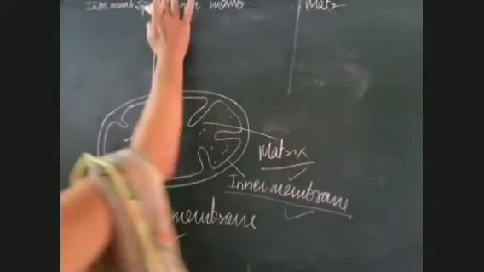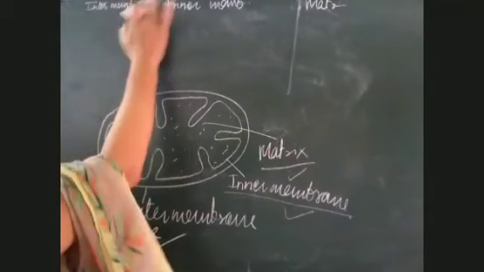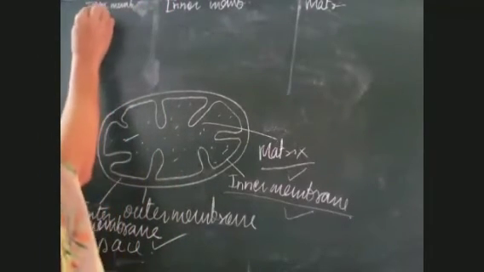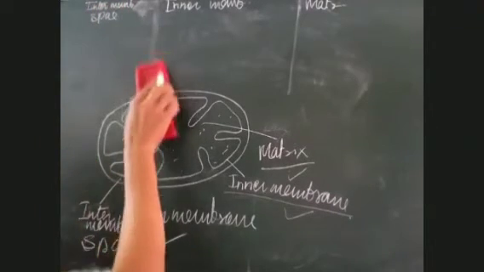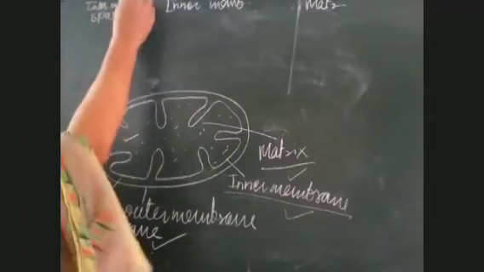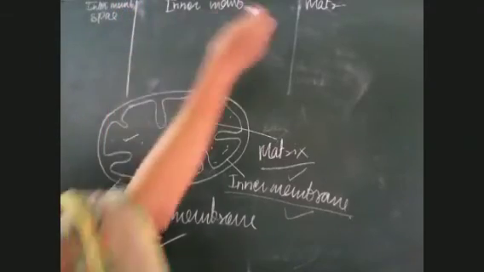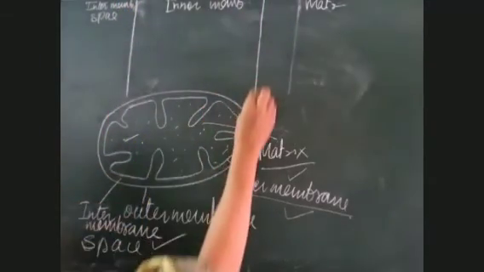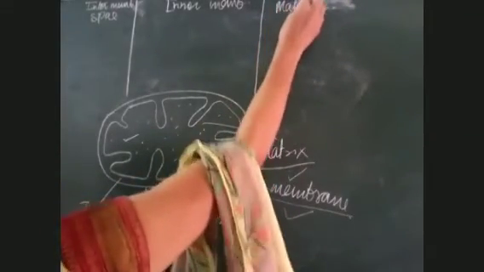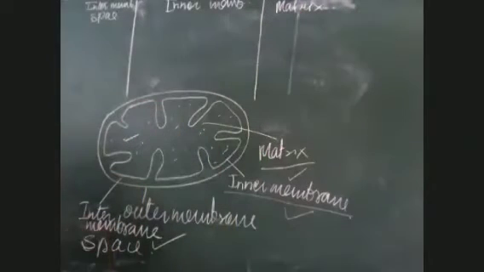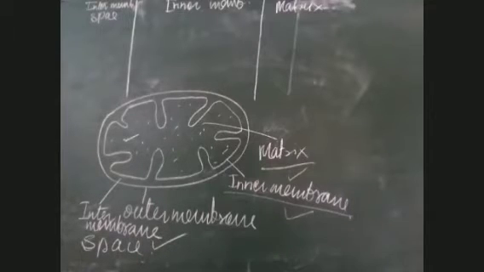Just a minute, I'll make it small. And this is matrix. Now, could you understand how I have made these three sites?